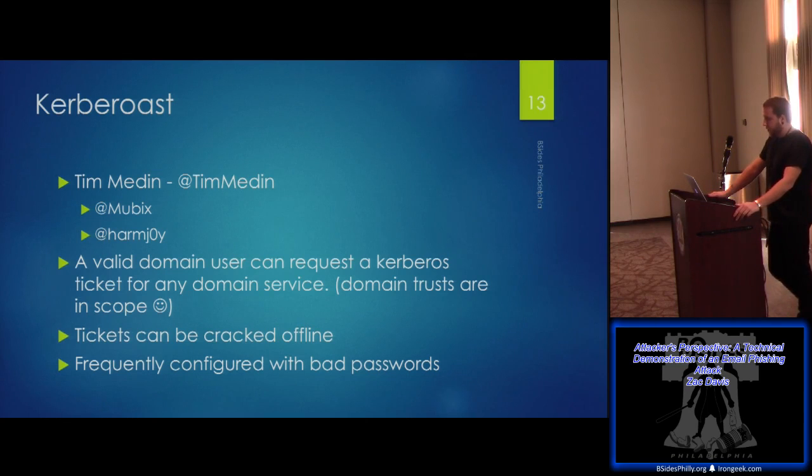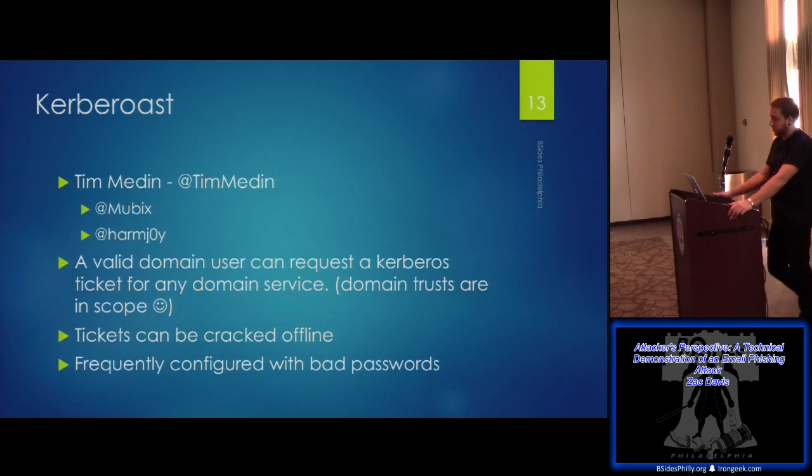So basically, what you're doing is exploiting service principal names and their associated Kerberos tickets within Active Directory. So a service principal name, and this is straight from Microsoft, is a unique identifier of a service instance. SPNs are used by Kerberos to associate a service instance with a service logon account.